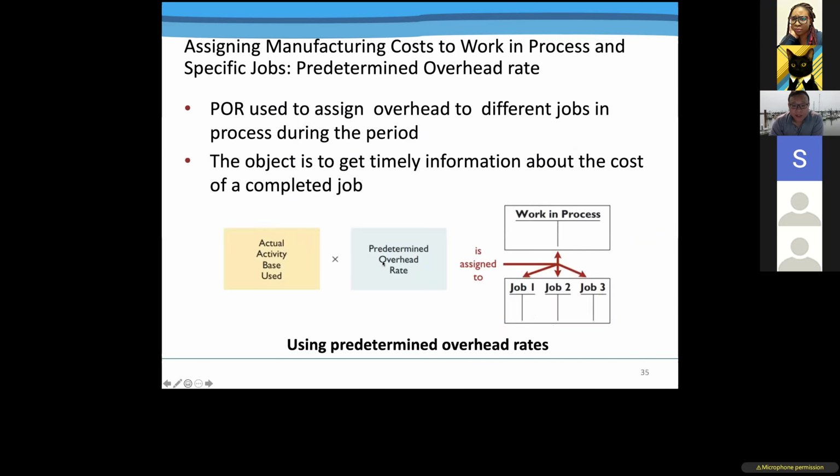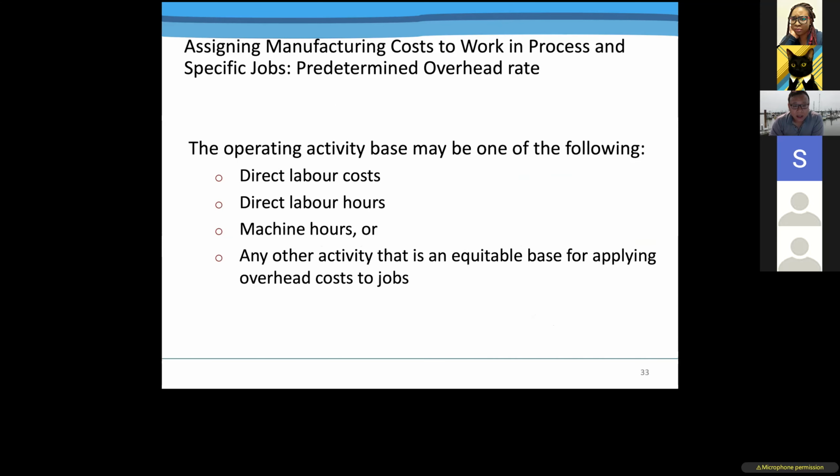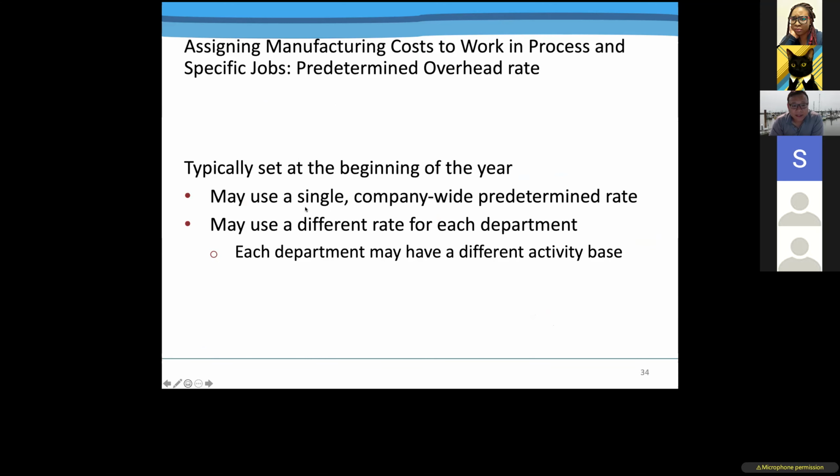Okay, so if you don't have any question on that, I want to talk about this. For a company at the beginning of the year, they probably will use a single company-wide predetermined rate, or they may have a different rate for each department, really depending on the nature of that department.